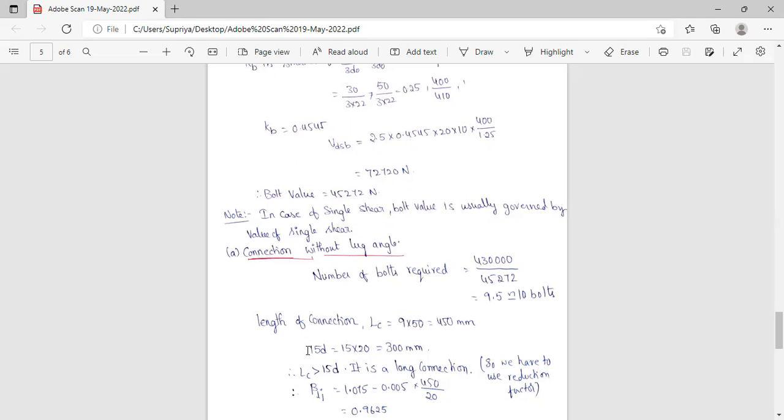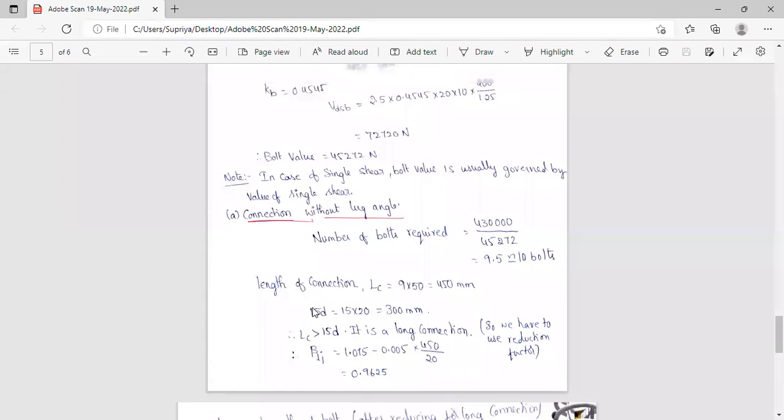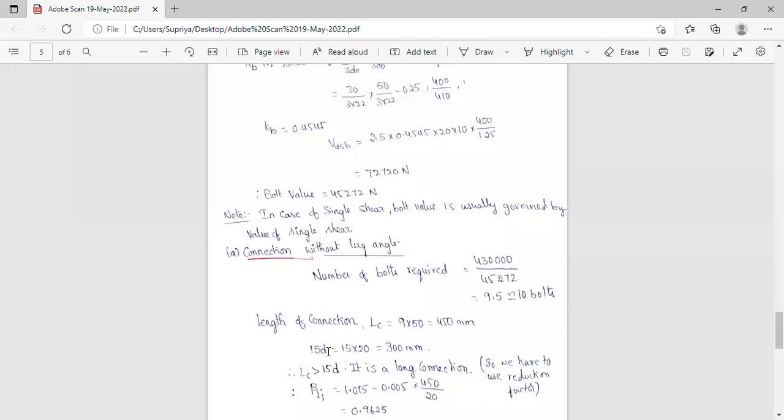What is the maximum length of connection we can provide? 15D as per IS code provisions. The maximum length of connection is 15D, that is 15 into the bolt diameter 20, which equals 300 mm. But the length required is 450 mm, which is greater than the maximum length.